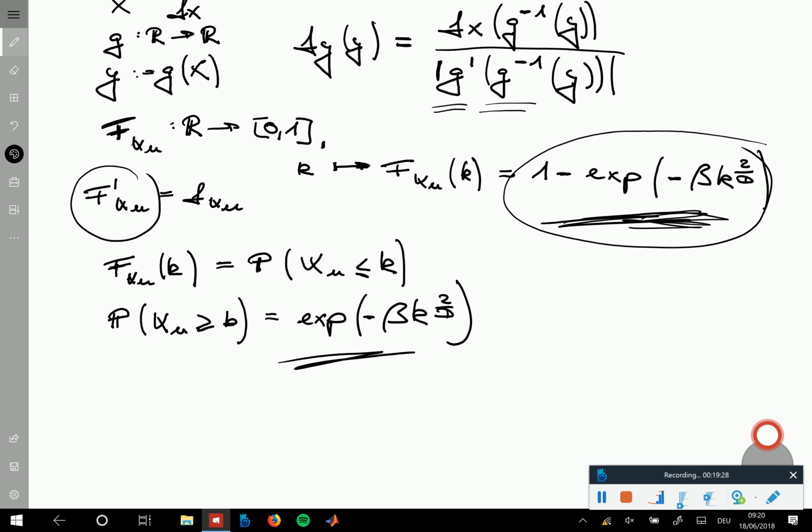So that's the probability that a cluster in the excursion set takes on a value larger or equal to k, and this just follows from the definition of the probability density function, which you can then use to evaluate the cumulative density function, and to take the complementary cumulative density function, which is just this.